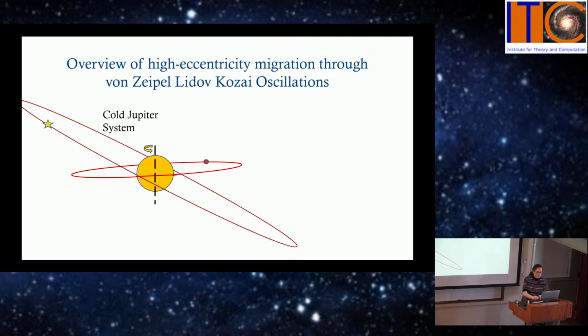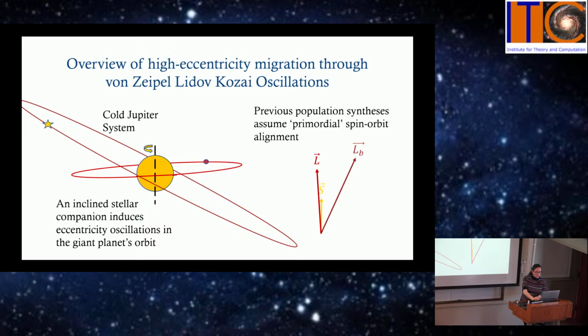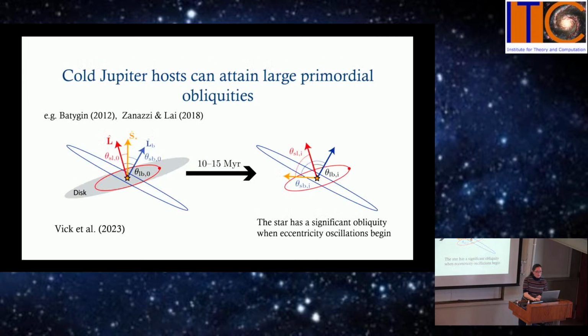So here, just to go over the von Zeipel-Lidov-Kozai mechanism again, you start out with a cold Jupiter orbiting the star, and then you throw in an inclined companion. In a lot of previous population syntheses, the assumption is that you start off with spin-orbit alignment, so the orbital angular momentum of the planet is about lined up with the stellar spin axis. But we actually know that that's not a great place to start.